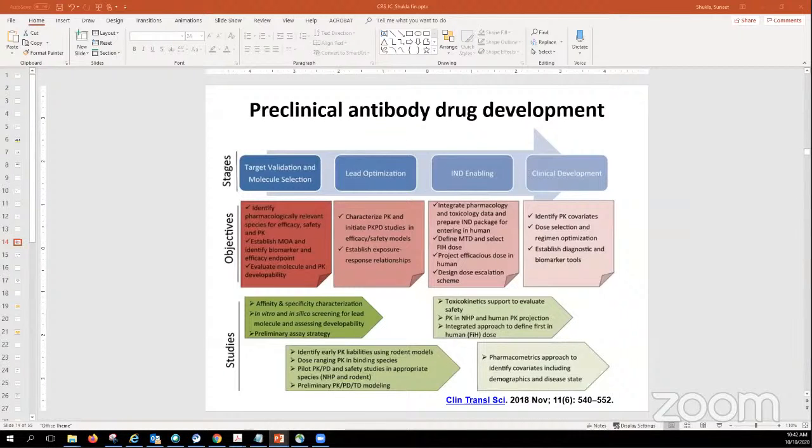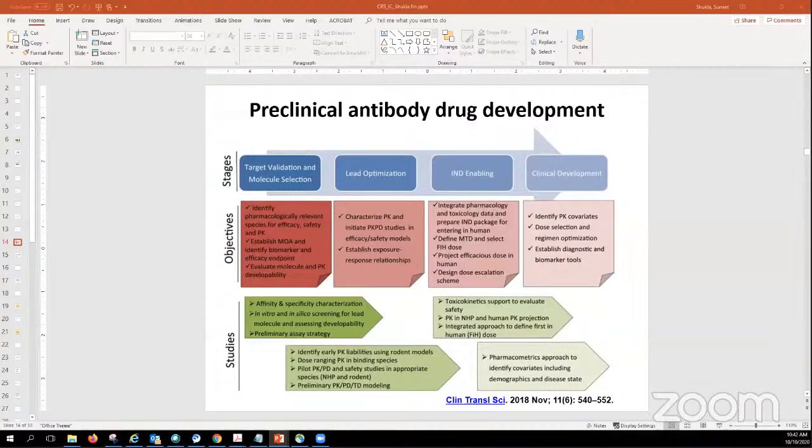Also, when you come to the next stage, which is basically lead optimization, the objectives change a little bit. Now you have a molecule in your hand, and a lot of it is similar to the small molecule field, where you characterize the PK and initiate PK/PD studies in efficacy and safety models, and establish the exposure and response relationship. The objective would be to identify if there is early PK liability, which can be done using a rodent model.